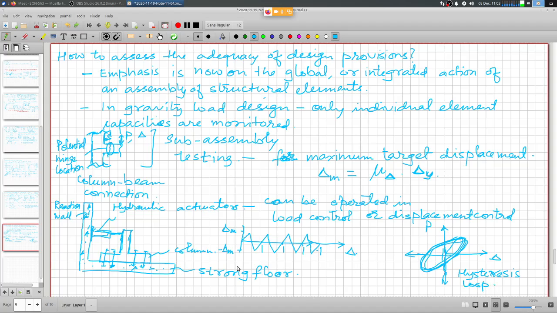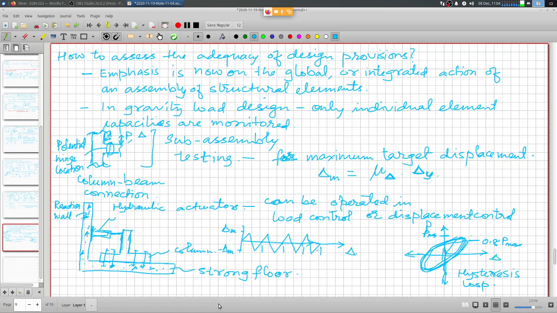So when we find that after these 4 cycles of maximum displacement cyclic loading, the capacity of the structure does not degrade by more than 20%, so if this is P max, then this has to be 0.8 P max.